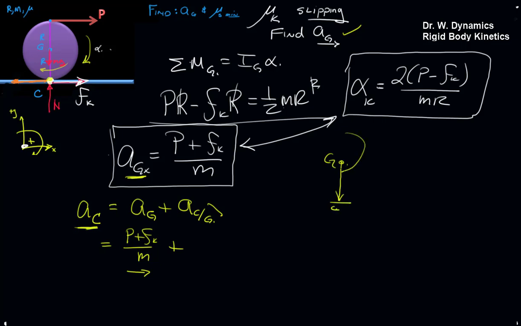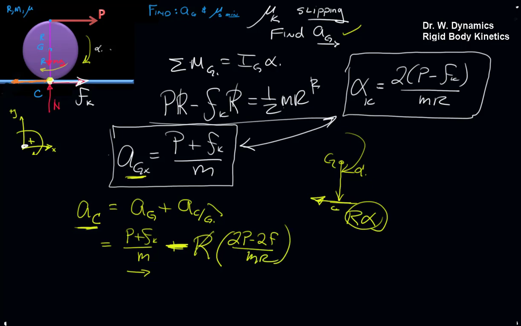We know alpha is in this direction, so that's going to be like that. And it will be an R alpha type of acceleration, so this is minus R, and alpha we have up here as 2P minus 2F over MR. The R's go, and we'll get an A sub C from this.